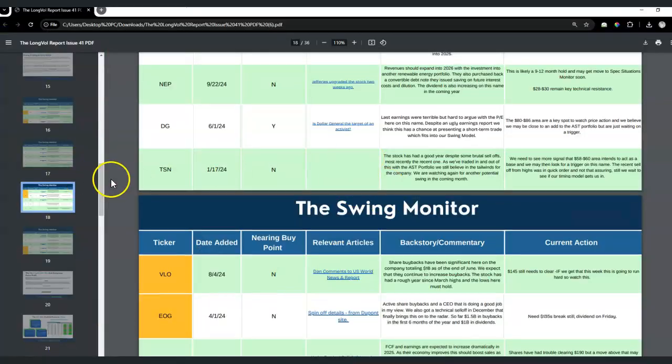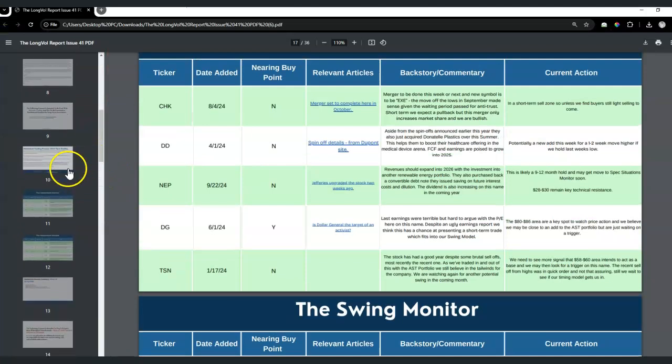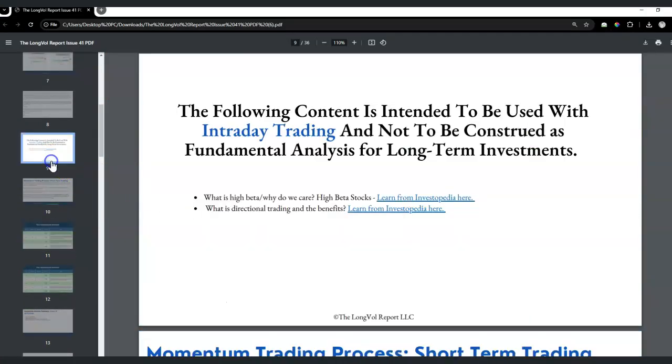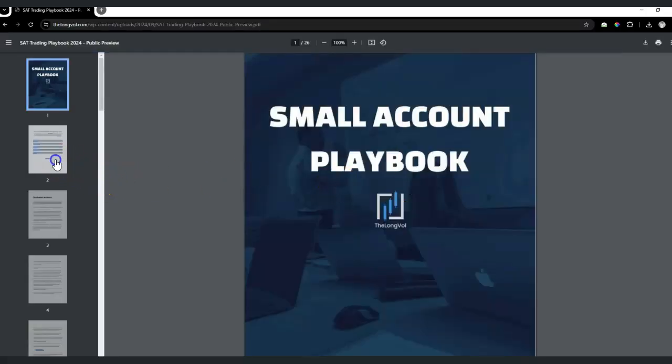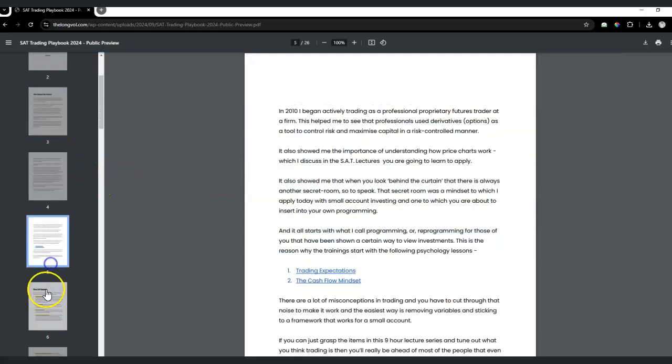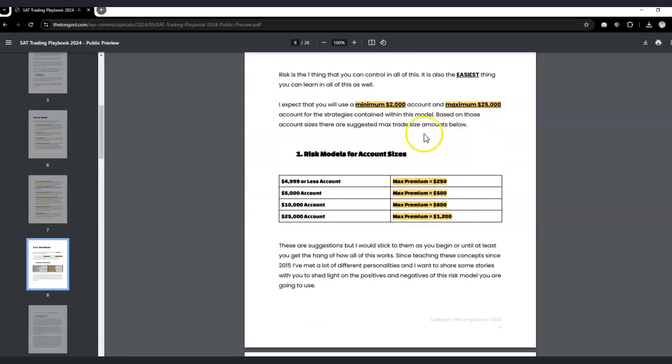Okay. And if you do our SAT, which is, again, small account trading model, which I literally created back in 2015, some people follow it, some people don't, and they break it and then they have issues. If you follow this risk model based on your account size, let's say, for example, you have a $5,000 portfolio and you're trading options with it, and the max P&L or max position you're going to use is $500.